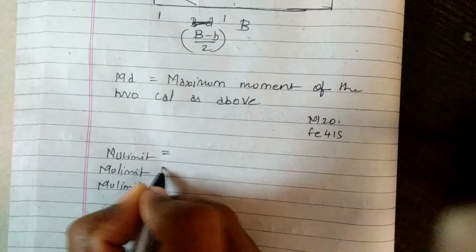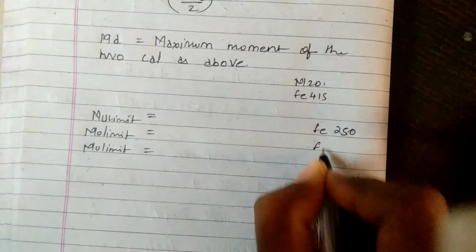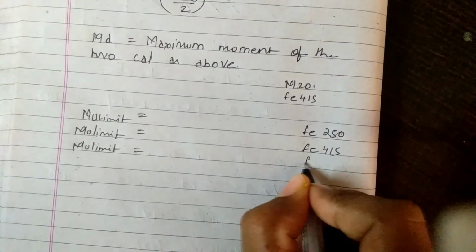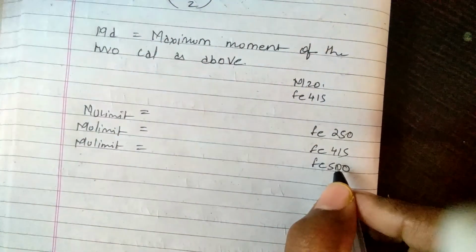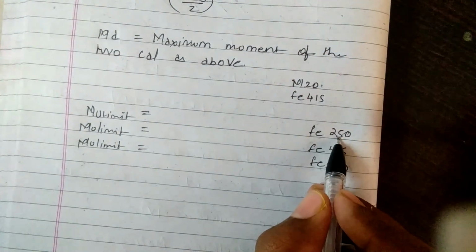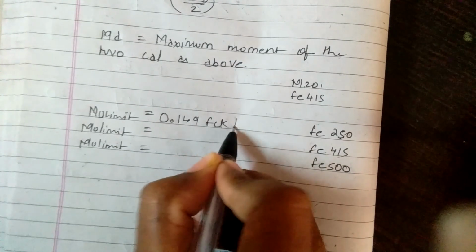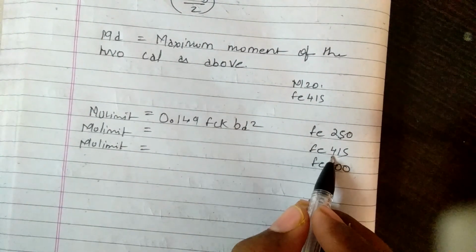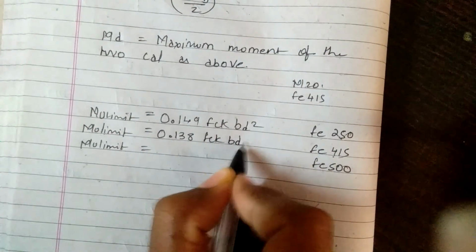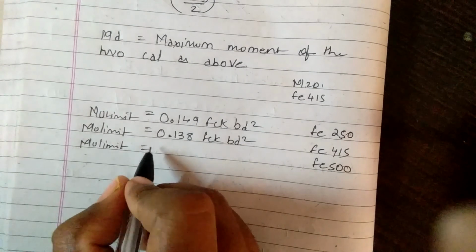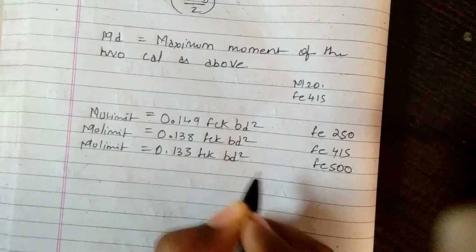There are generally 3 grades of steel, Fe 250, Fe 415 and Fe 500. Now for Fe 250, the Mu limit is equal to 0.149 FCK into BD square, for Fe 415 that is 0.138 FCK BD square, and for Fe 500 that is 0.133 FCK into BD square.